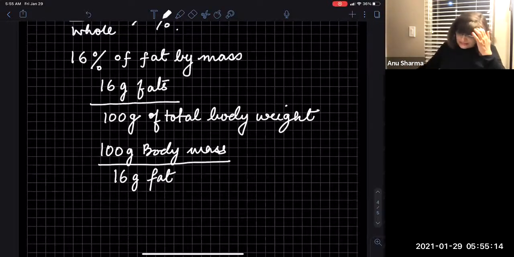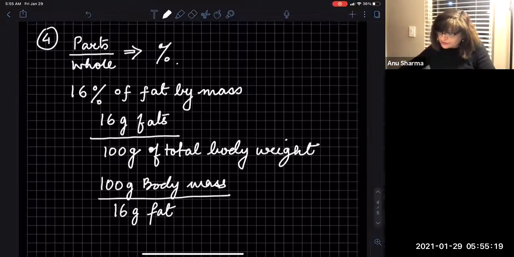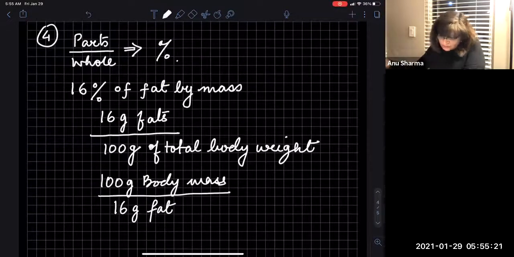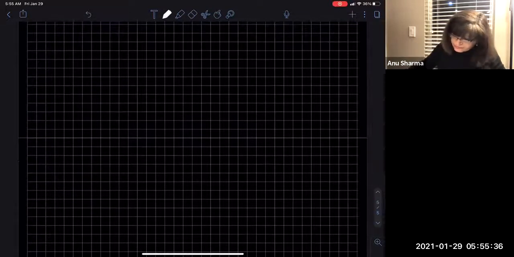Okay, and so these conversion factors can be used this way to find the unknown. So let's look at a conversion factor in which we are trying to convert. Okay, let's look at this one.